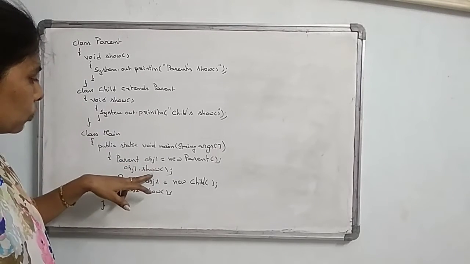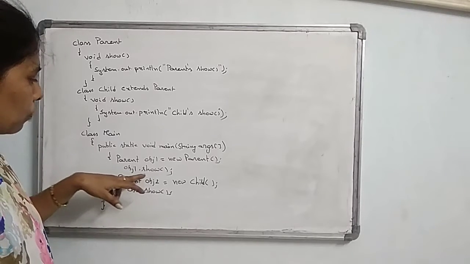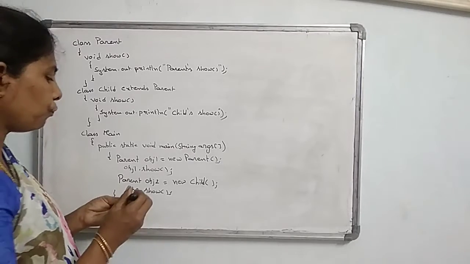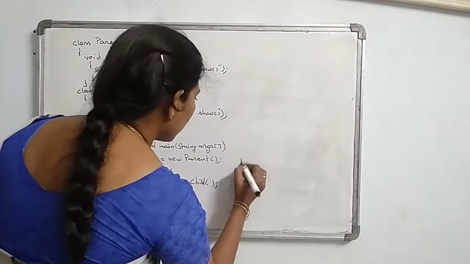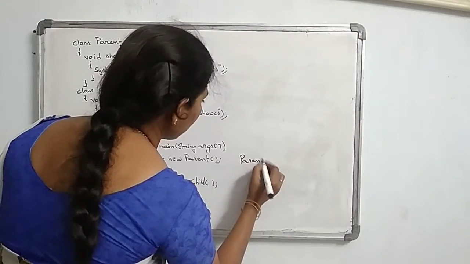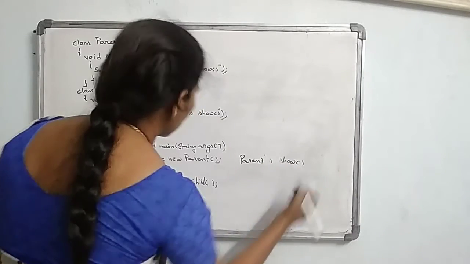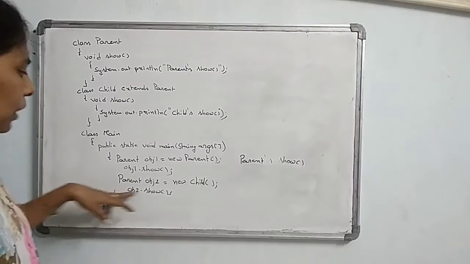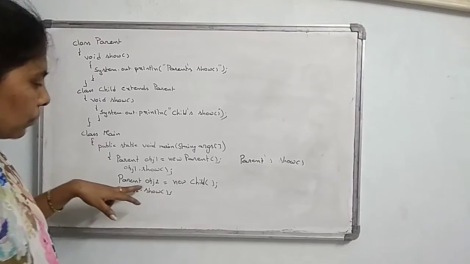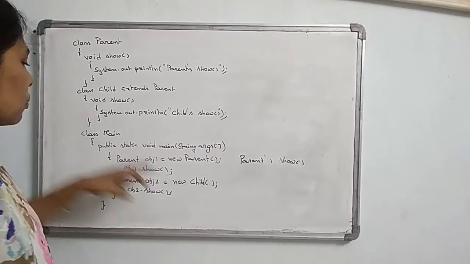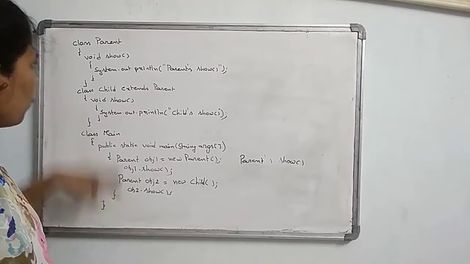So obj1.show means it will come under the parent class and it will give the output parent show. After that, Parent obj2 equal new Child. So that means I am creating the object of the child class. The child class exists in the parent class.